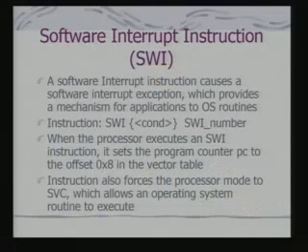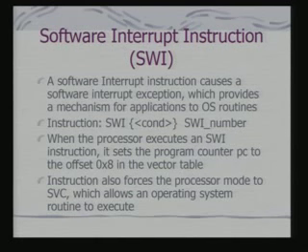Next we shall look at the software interrupt instruction. A software interrupt instruction causes what we call a software interrupt exception, and this provides a mechanism for applications to call OS routines.